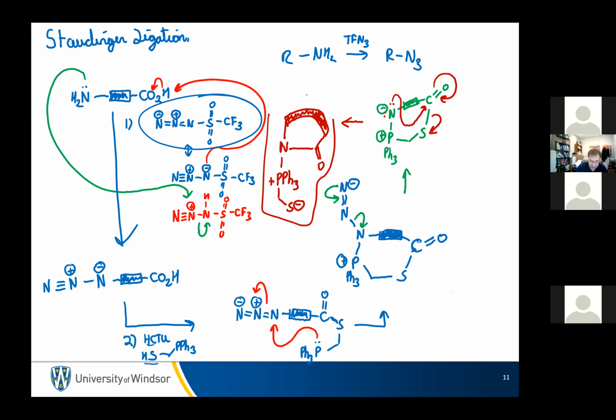I have run out of space. So I am going to take that molecule and I am going to draw it on the next page. I'm just going to cyclize like that now.